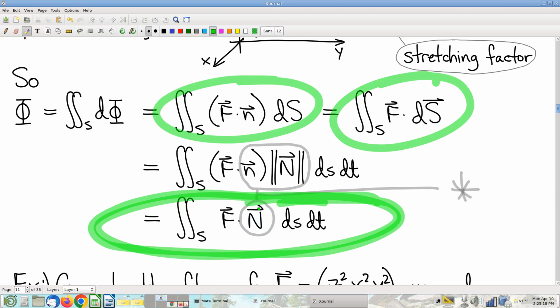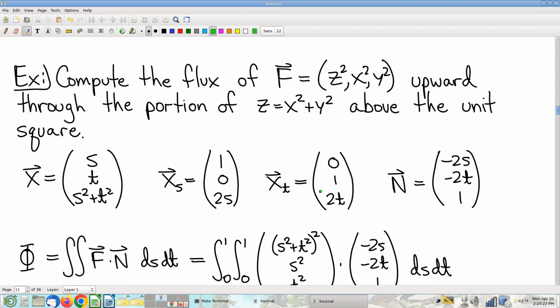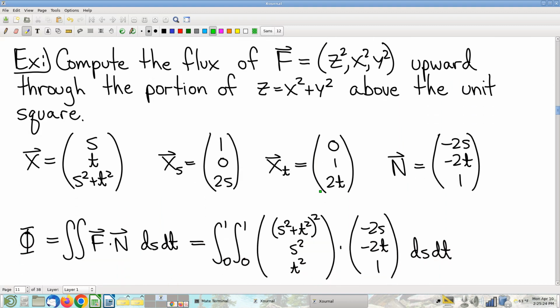All right, let's do one. Let's get a win under our belts. Okay, here's a vector field. I've got a surface here, namely the portion of a certain graph that's sitting above a certain square in the XY plane, and I want to compute the flux.